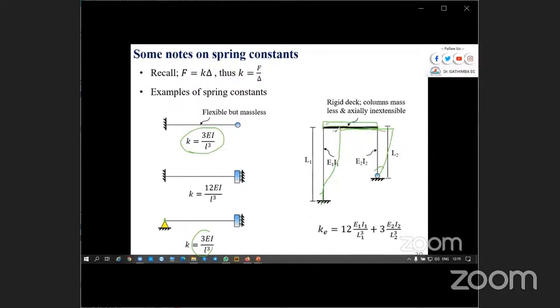It's like the case where you have rollers, and the column head is just sliding on top. So you have fixed-roller, pinned-roller. That's why you have fixed-roller, 12 EI over L cubed, and pinned-roller, 3 EI over L cubed.